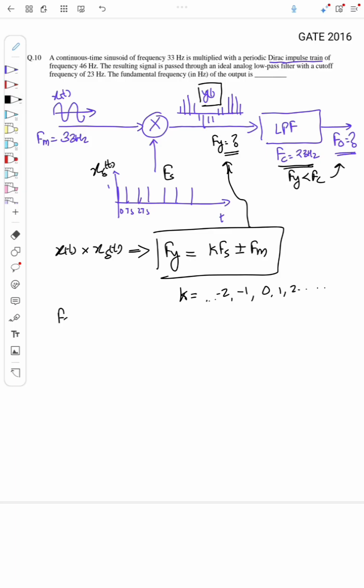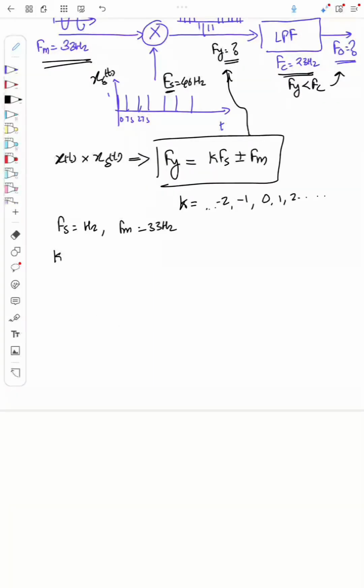We have fs equal to 46 Hz, and fm is 33 Hz. So what values will we get? At k equal to 0, the component fy will be 0 plus or minus fm, or plus or minus 33 Hz. Similarly, at k equal to 1, fy will be 1 times 46 plus or minus 33.